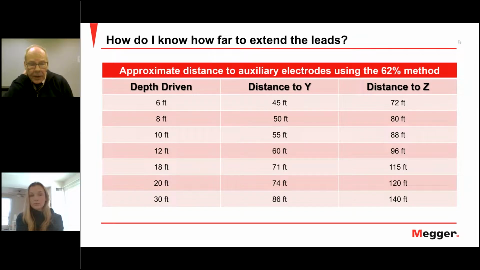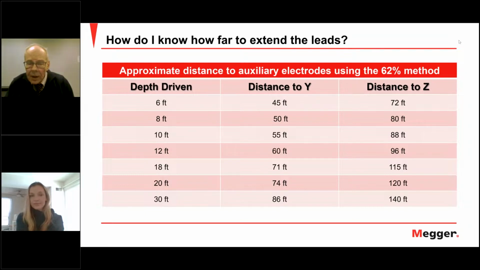And the idea is that if you follow these directives, you stand a pretty good chance that you'll get a good reading on one test and you won't have to repeat. So it's a good idea to follow these tables if you can.